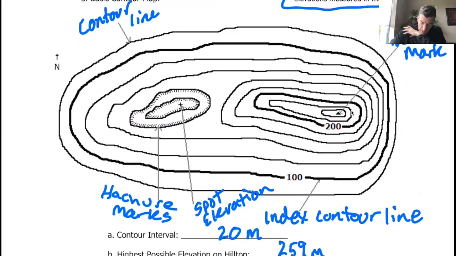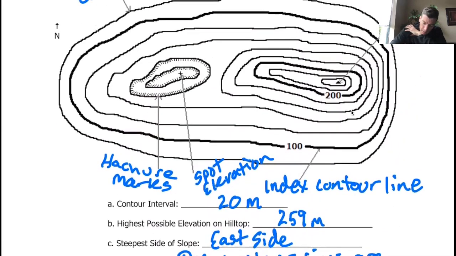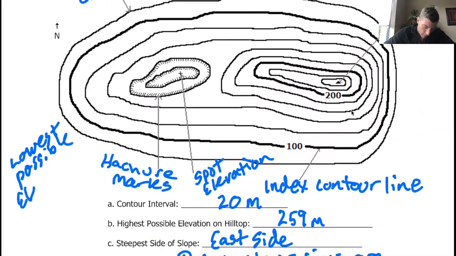Now, one question that is not on my little list here is, what is this little spot elevation in here? So I'm actually going to make a new question out of nowhere. I'm going to put lowest possible elevation at the plus sign.